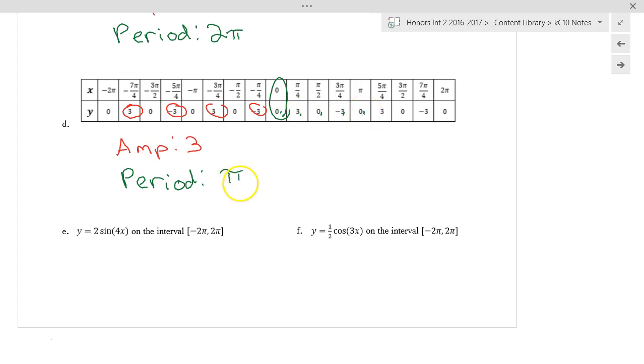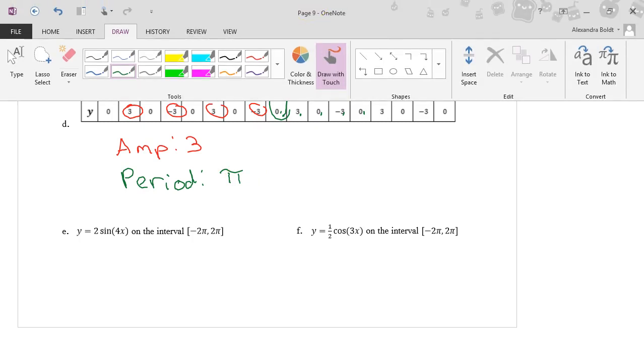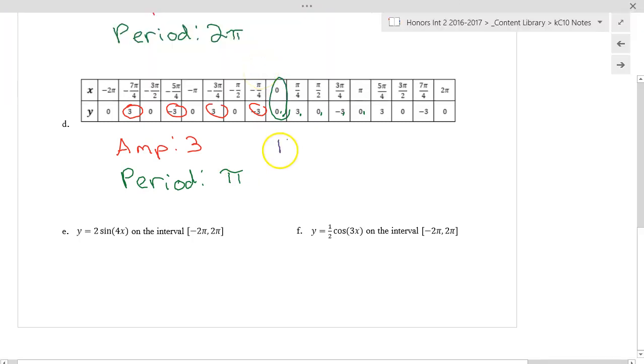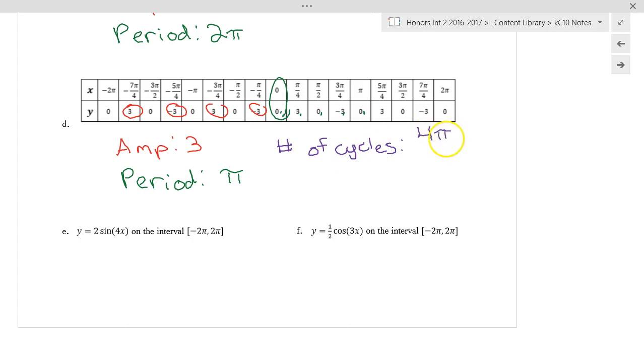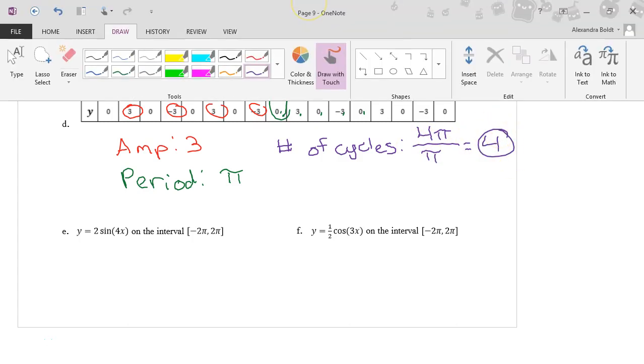Our period is pi units long. So then our number of cycles. Well, again, there's 4 pi units in our interval, divided by pi units in each period. That means I'm going to get through it 4 times. And the number of cycles is 4.